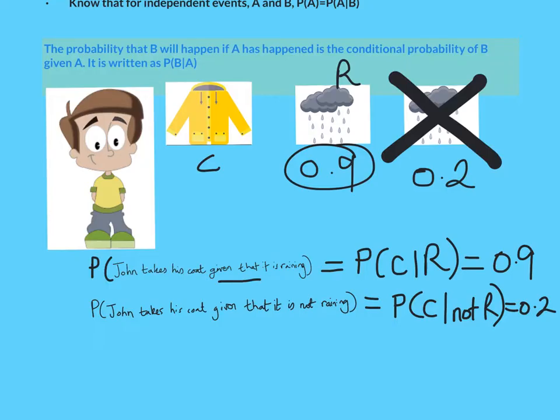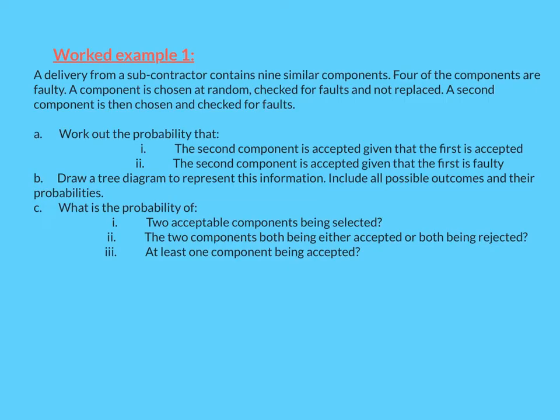We're now going to look at a worked example which includes practice of drawing tree diagrams. Okay, this is rather a long question, but we'll look at each part as it comes. A delivery from a subcontractor contains 9 similar components. 4 of the components are faulty. Not great, probability there already. A component is chosen at random, checked for faults and not replaced.